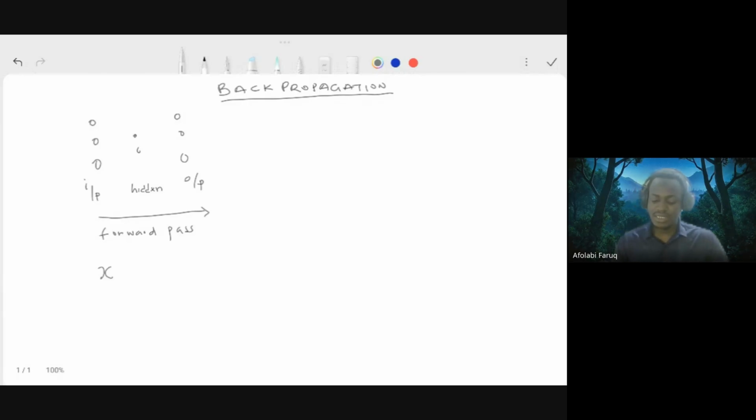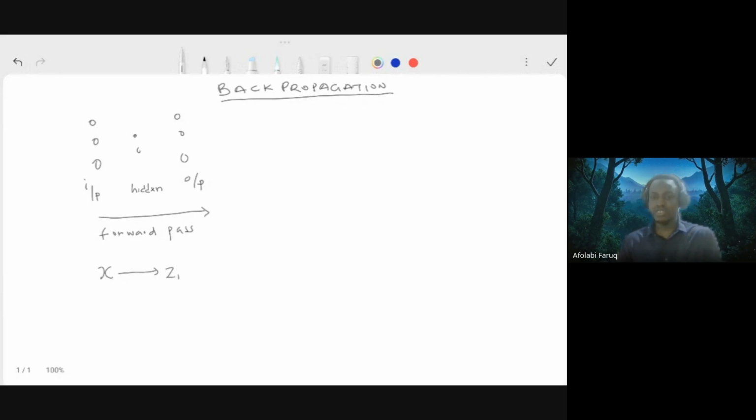So X represents the input data that we are having. Now, this input data is being fed forward into the architecture, and from this input, we'll be having Z1.